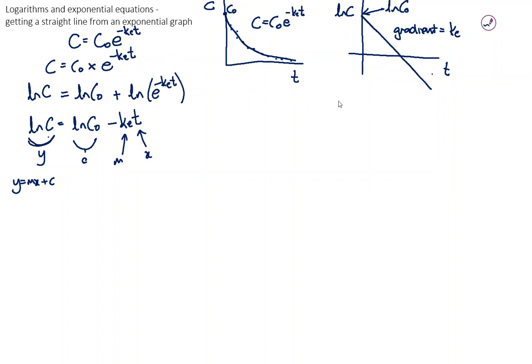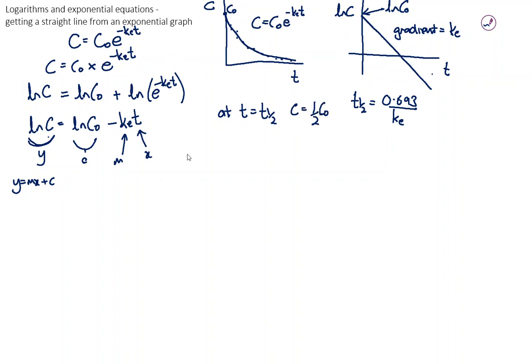You can then use the Ke to work out the half-time, because the half-life is 0.693 divided by Ke. Let's have a look at why that is, with a little derivation. When the time is equal to the half-time, the concentration is equal to half the starting concentration.